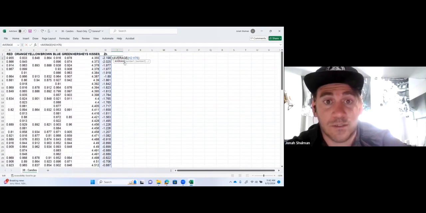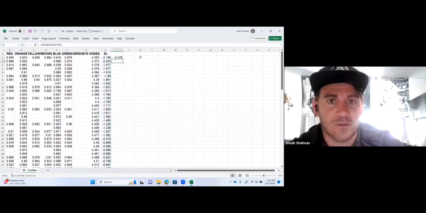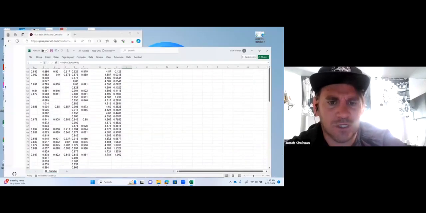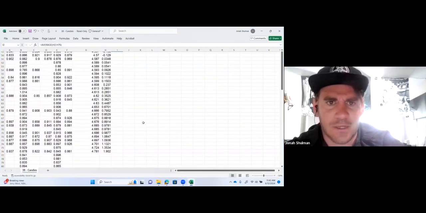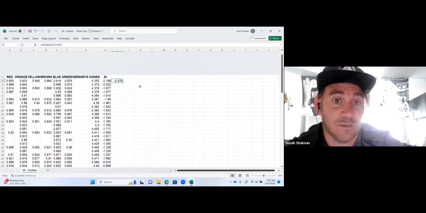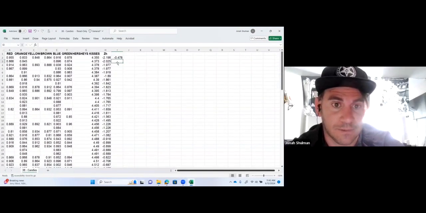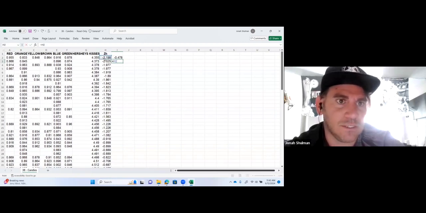Well, it should be 0 and 1. I don't know why, after doing all the math, we're a little bit off, which is kind of a shame. It should be 0 and 1 if they're all changed to z-scores. I guess there's something off with their data, or this formula doesn't account for rounding.